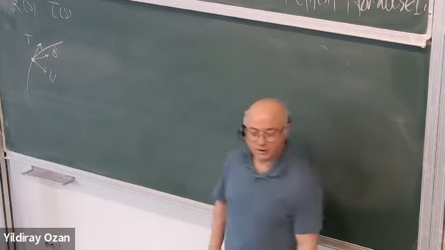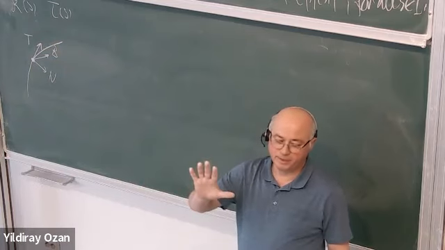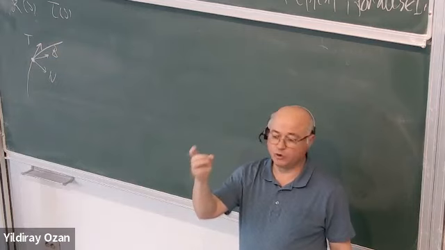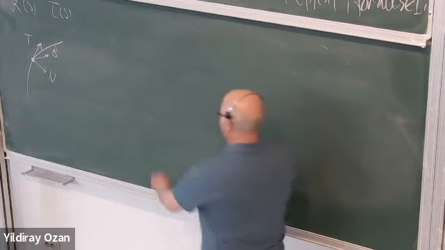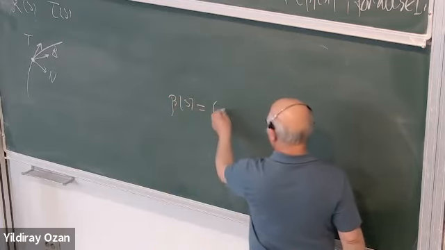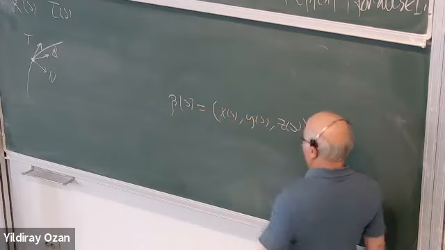What is nice about this, you know, in general, to specify a space curve, you need three functions, right? Coordinate functions, x coordinate, y coordinate, and z coordinate, right? Beta(s) has three functions, right? x(s), y(s), and z(s).